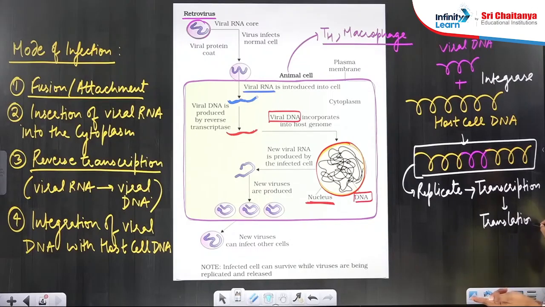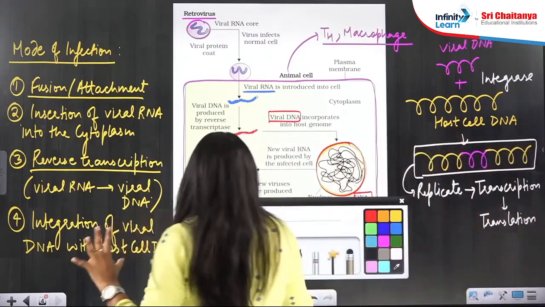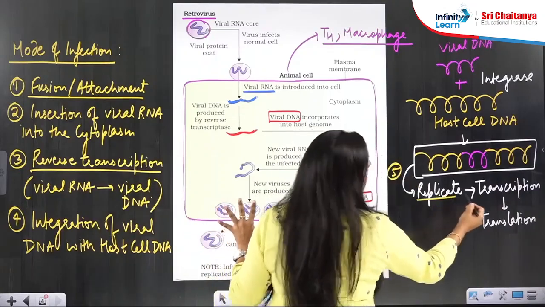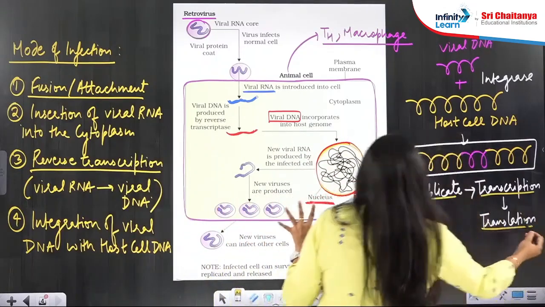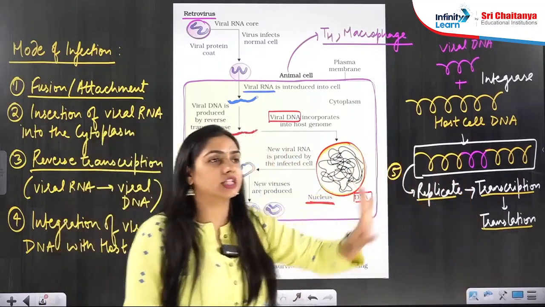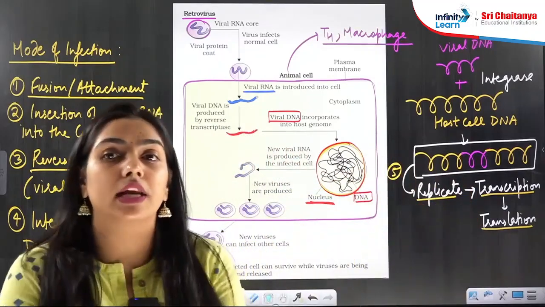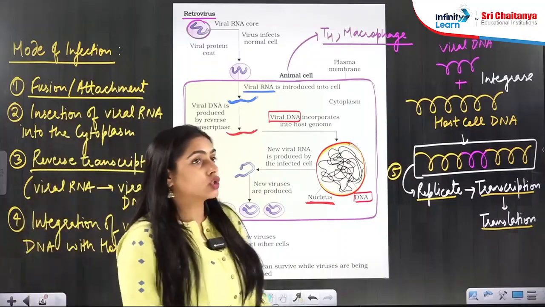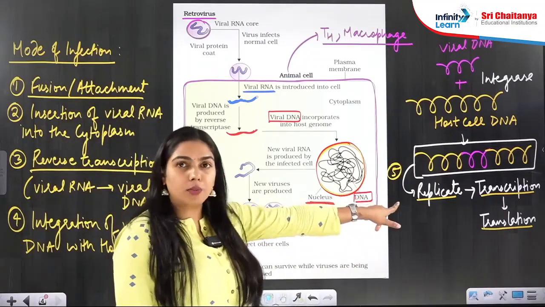This is the fifth step: replication, transcription, translation. I have already told you the meaning of replication, transcription and translation.